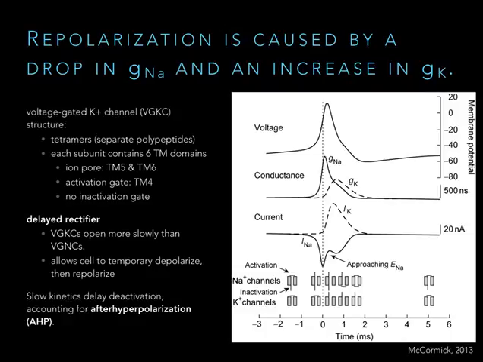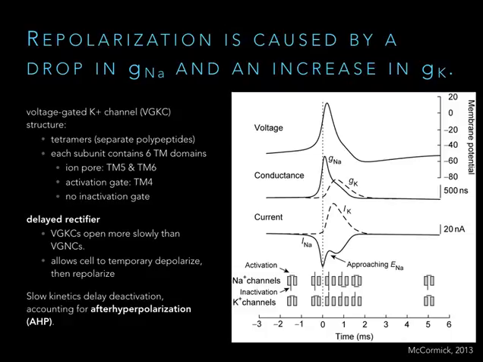They also close more slowly. So that potassium conductance comes on after the sodium conductance, and it remains elevated for longer. So it's delayed because it happens after, and it's the rectifier because it causes the membrane potential to rectify, or to come back to rest.